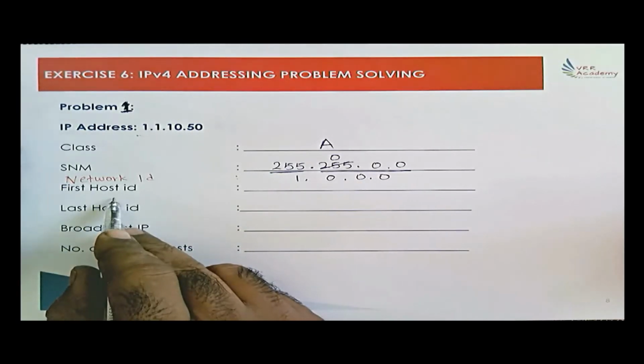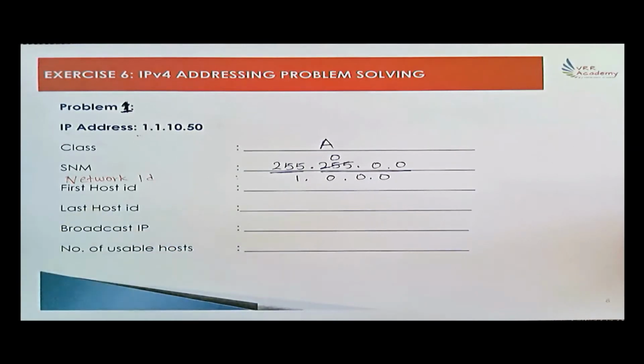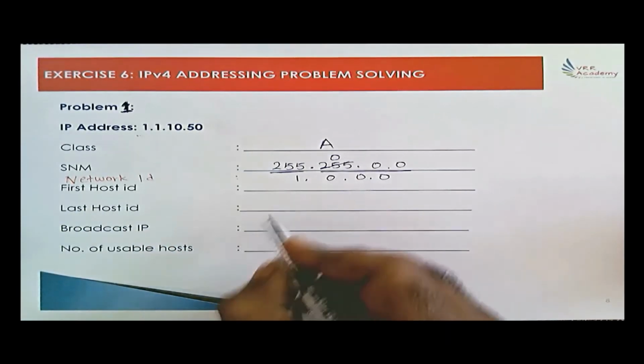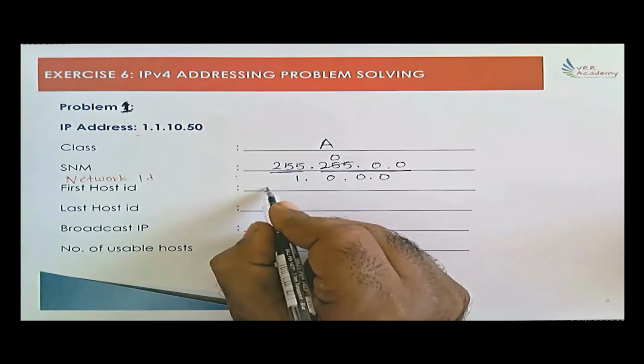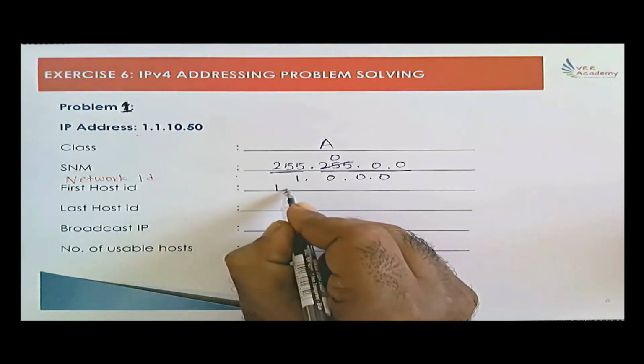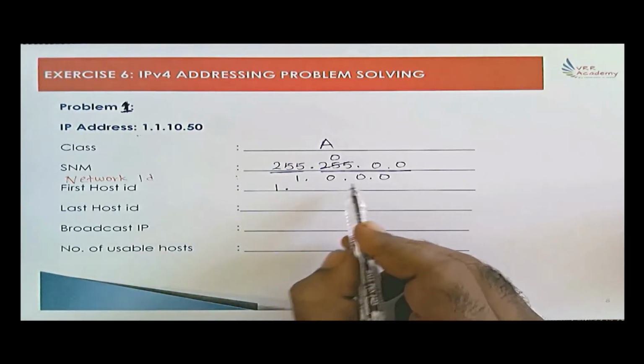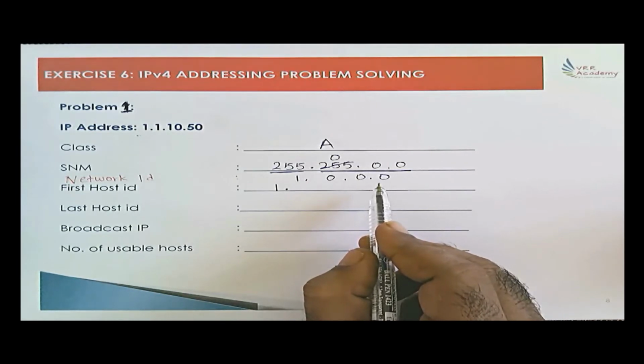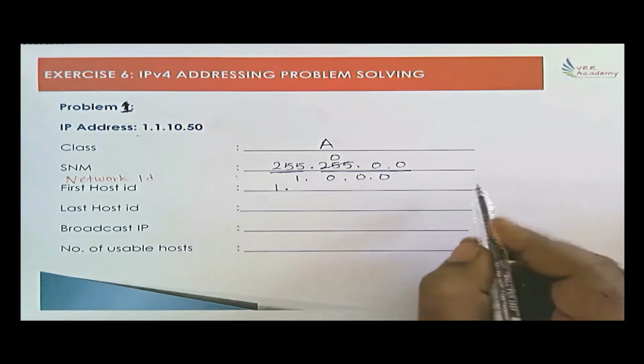Then the first host ID. To find the first host ID, you keep the network part as it is, so 1 is my network part. In the host part, you make everything 0 except the last bit.